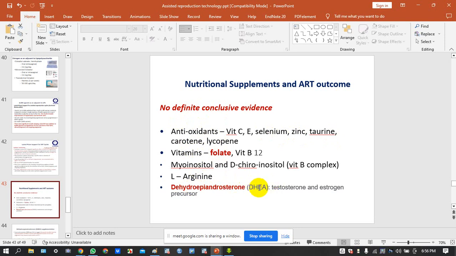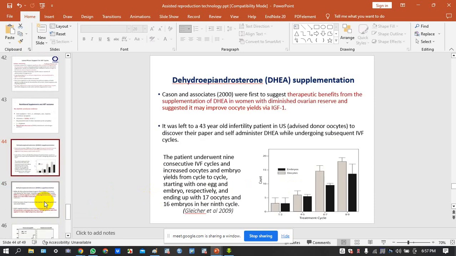But technically, the testosterone and estrogen precursor, which is dehydroepiandrosterone, has been shown to support the luteal phase. So when you use DHEA, dehydroepiandrosterone, it will improve the luteal phase.